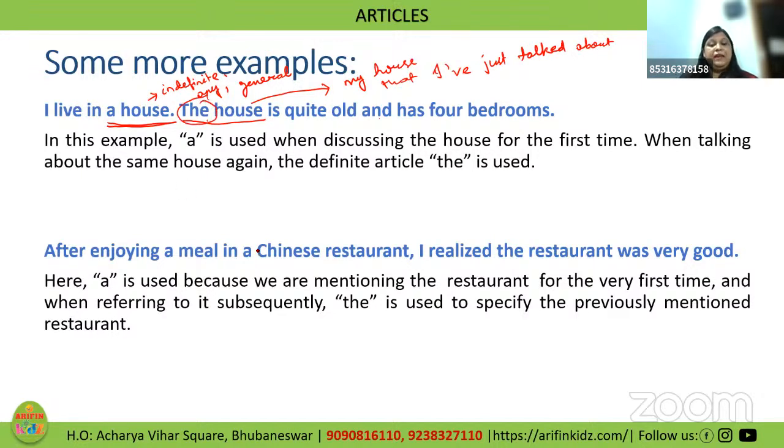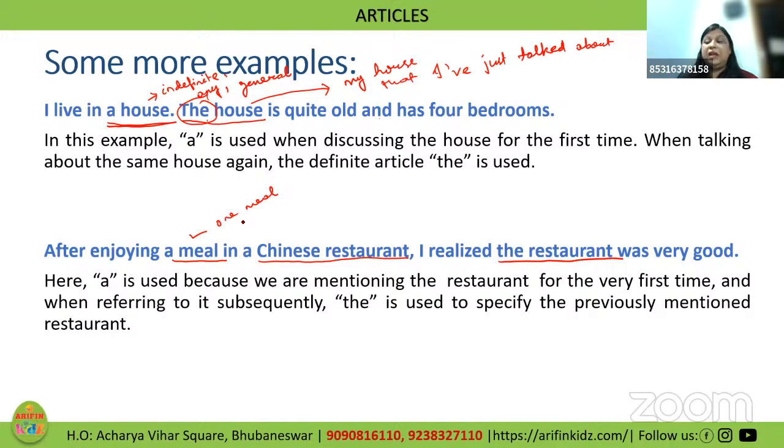After enjoying a meal in a Chinese restaurant, I realized the restaurant was very good. Right? What the sentence says, after enjoying a meal in a Chinese restaurant, I realized the restaurant was very good. So see, a meal means one meal.